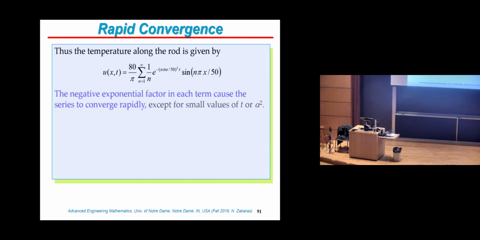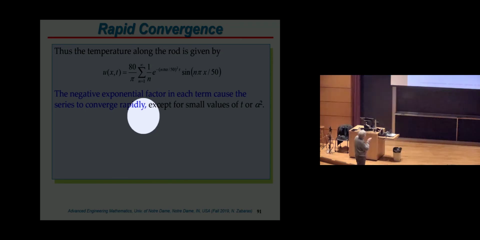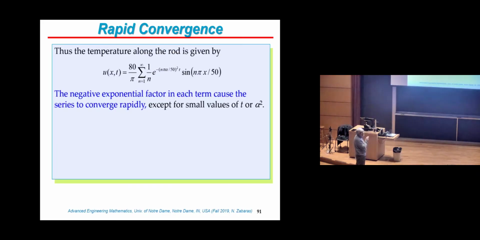And maybe I should emphasize this so we don't forget about it. This is very characteristic of this heat conduction or diffusion equation. You notice that there is an exponential decaying term there, e to the minus something of t.